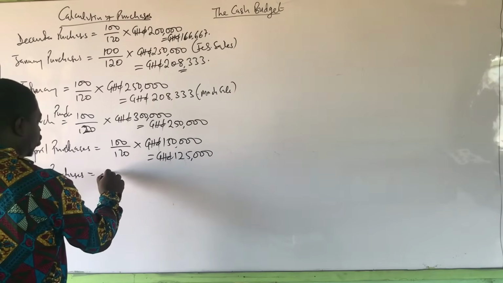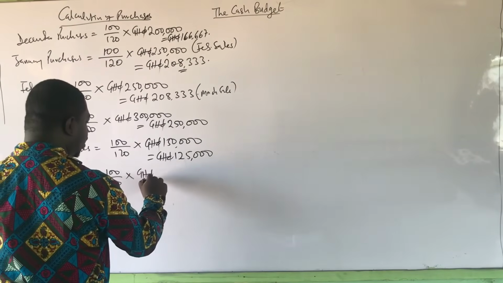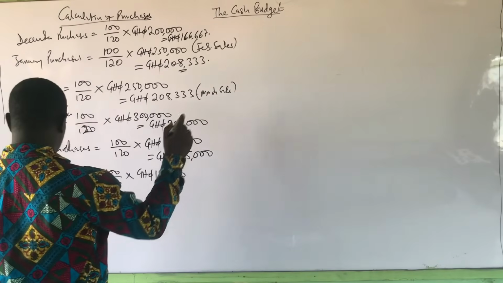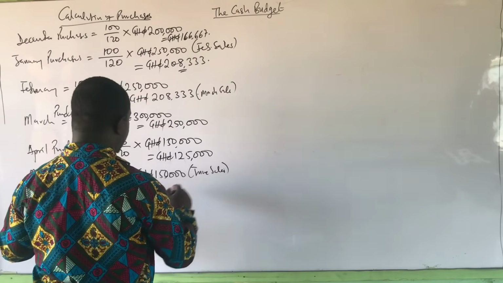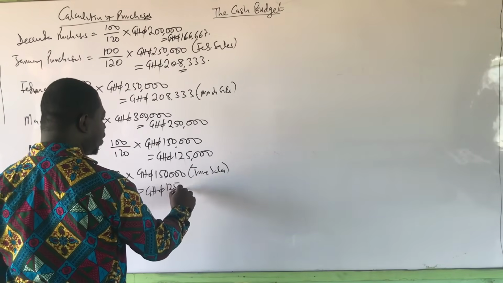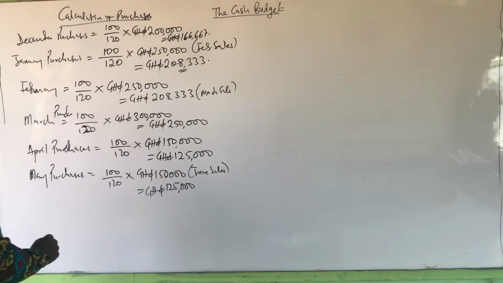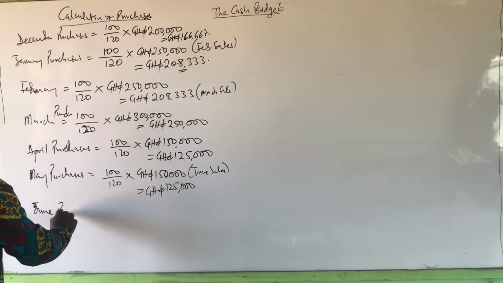May purchases is going to be 100 over 120 times the same 150,000, which will now be for June. So this is for the sales of June. And that is going to give us the same 125,000 Ghana cedis. And then finally, let's look at June's purchases.